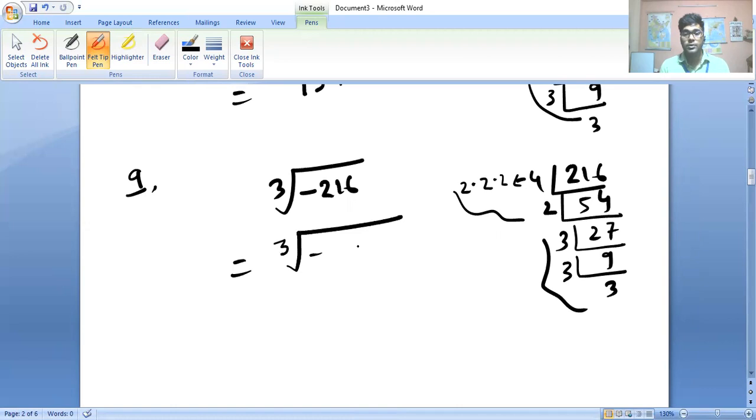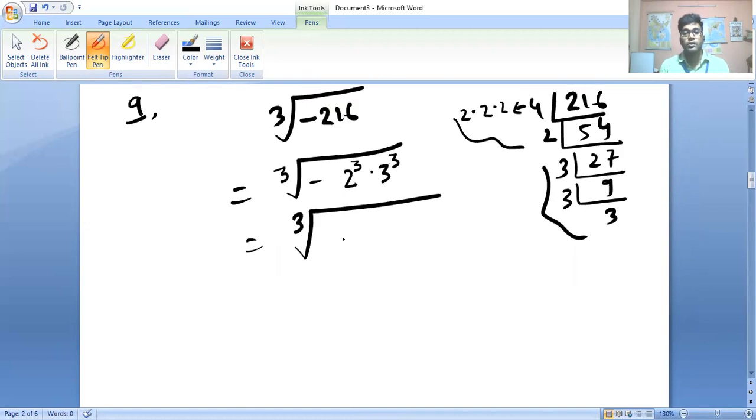So minus, we have 2 cube into 3 cube. The cube root of, again, this is 2 into 3, 6 whole cube. But there is a minus. So how do you do it?